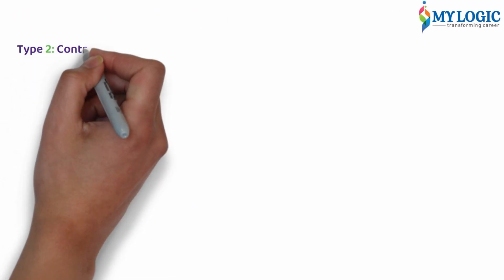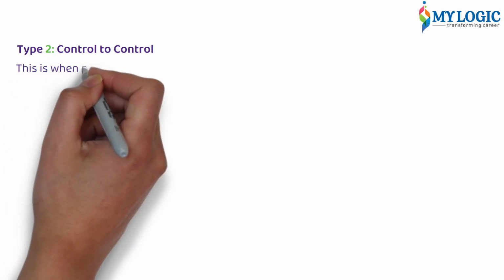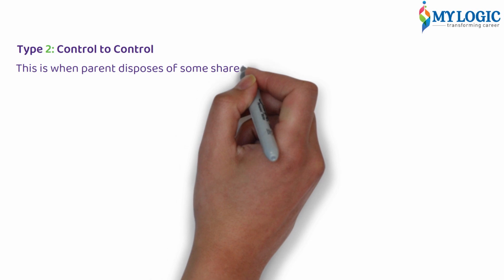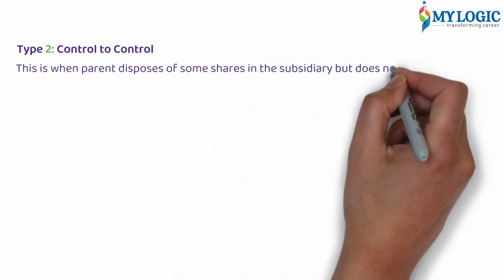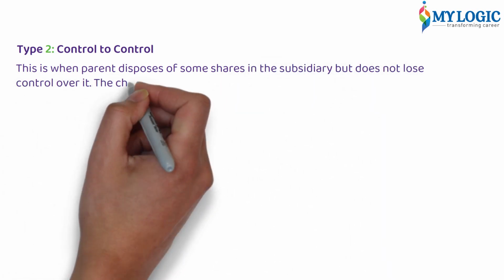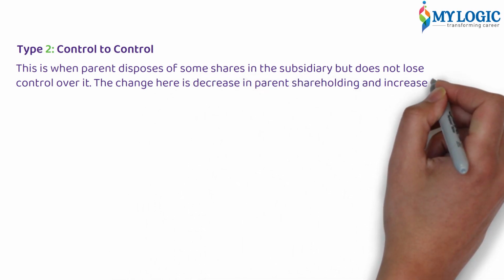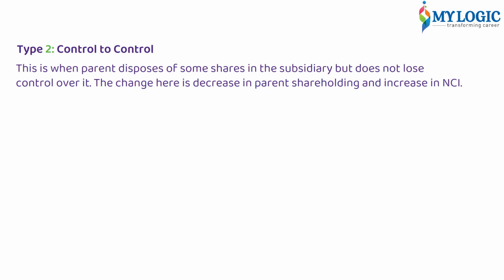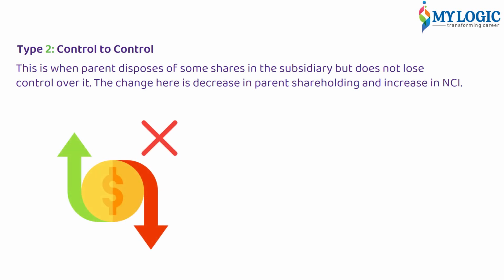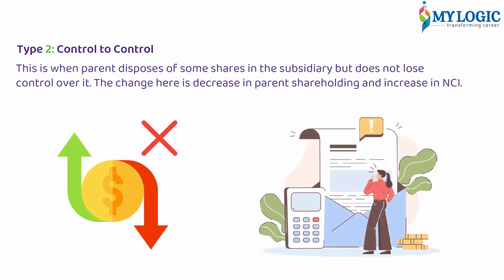Type 2. Control to control. This is when the parent disposes of some shares in the subsidiary but does not lose control over it. The change here is decrease in parent shareholding and increase in NCI. No profit or loss arises on the sale of the shares and goodwill is not recalculated.